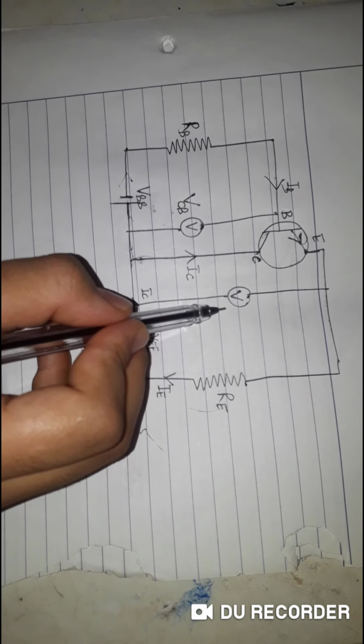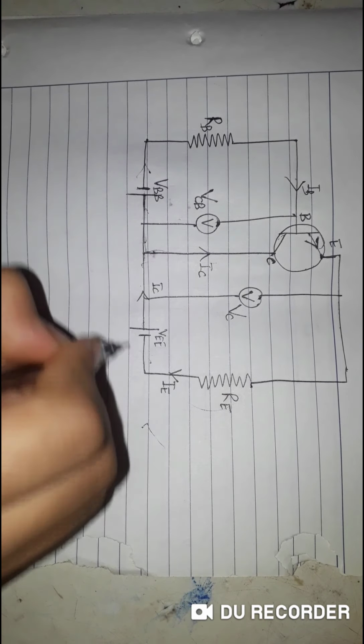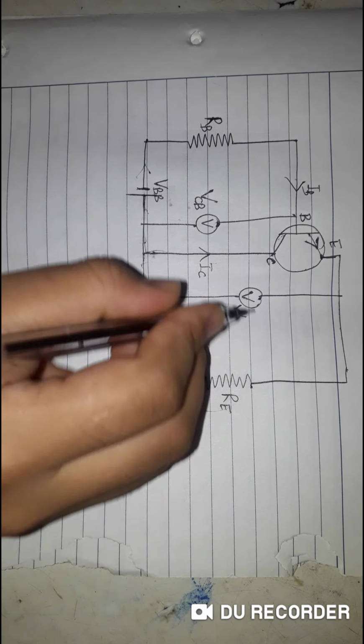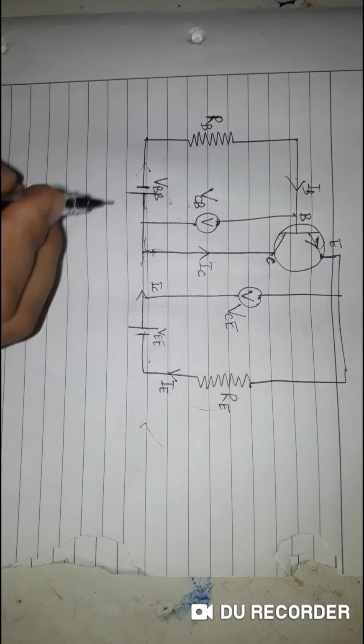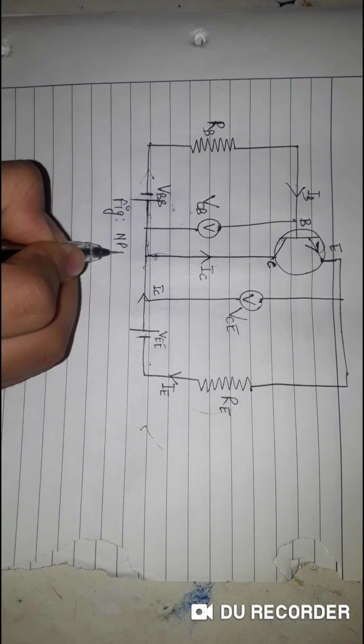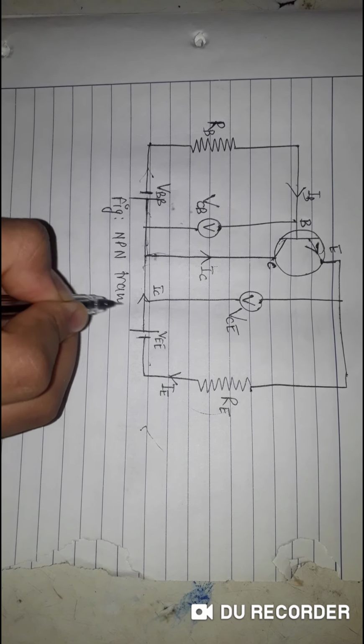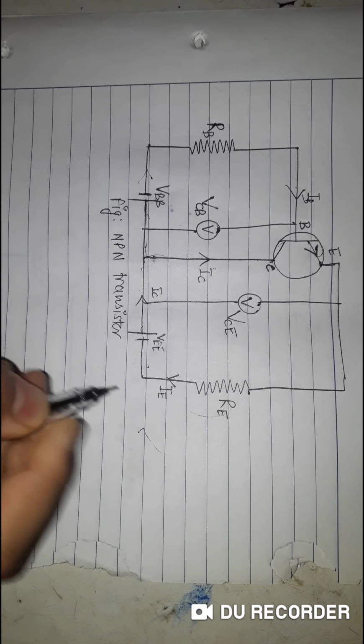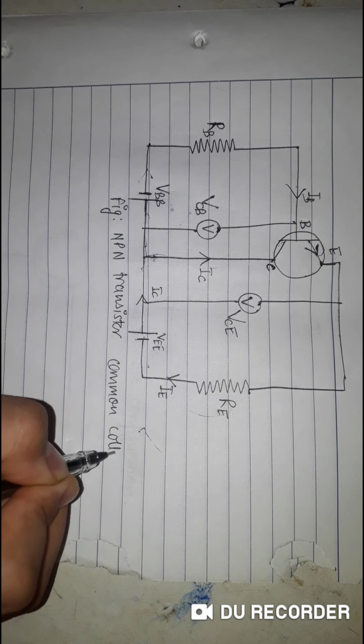And in case of this one, the positive terminal is connected to collector, so it is VC, and the negative terminal is connected to emitter, so it is VCE. So here we go, figure and NPN transistor, common collector configuration.